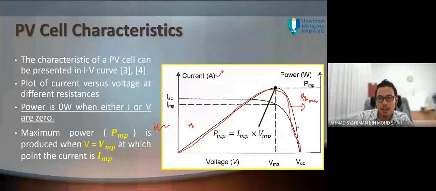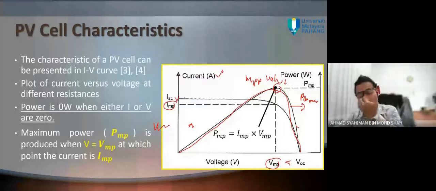This part we call the MPP, the MPP value, where the values are IMP and VMP. The VMP is less than VOC and the IMP is less than the ISC. So this is the basic fundamental characteristic of the PV module or PV cell.